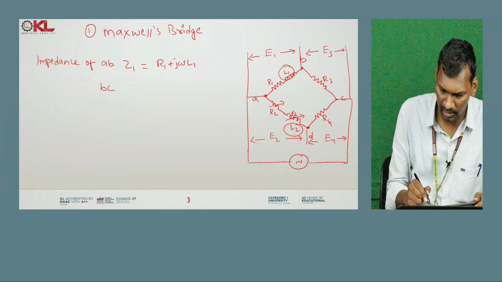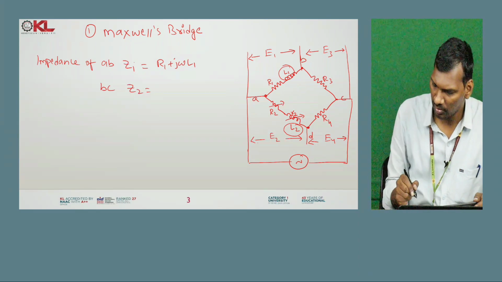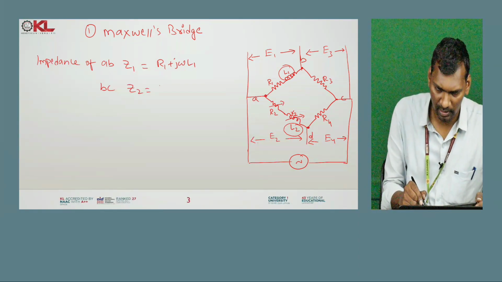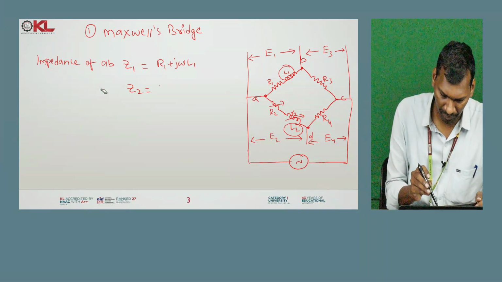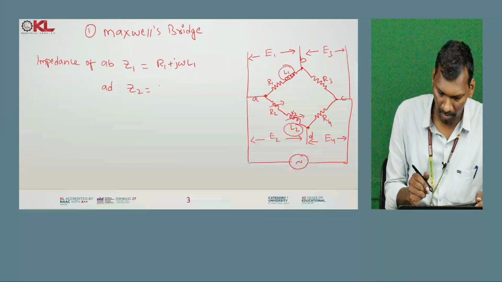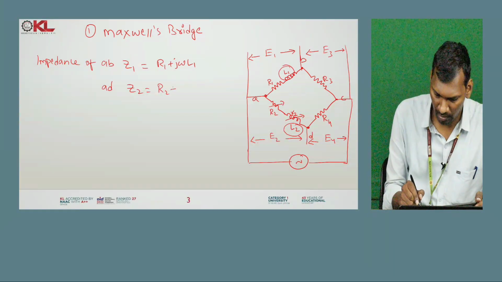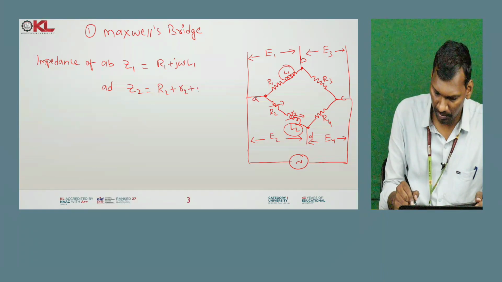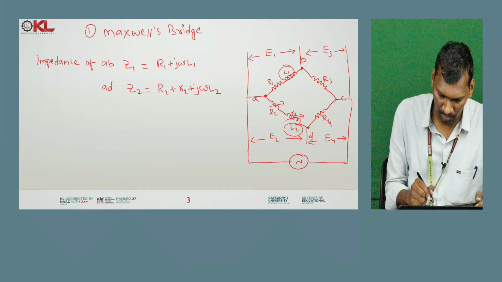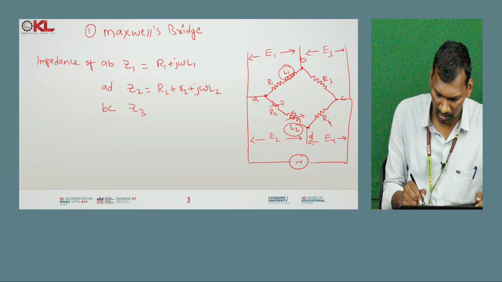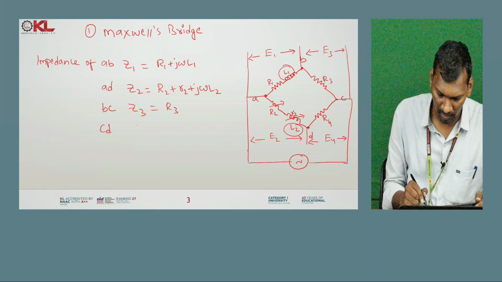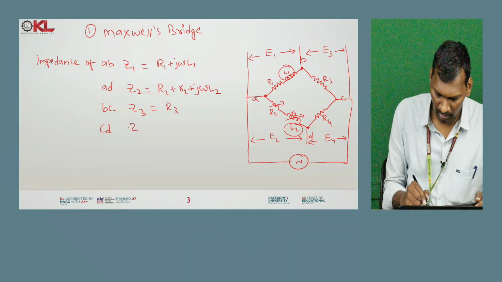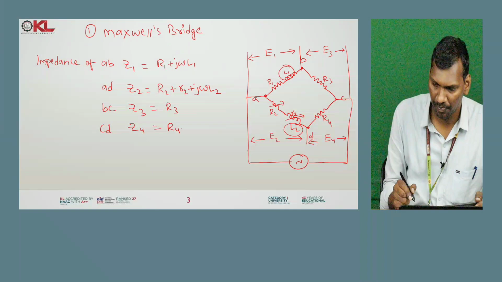Similarly, for AD, it is Z2, R2 plus internal resistance r2 plus j omega L2, and BC, that is Z3, which is equal to R3, and CD, impedance of arm CD, Z4, which is equal to R4.